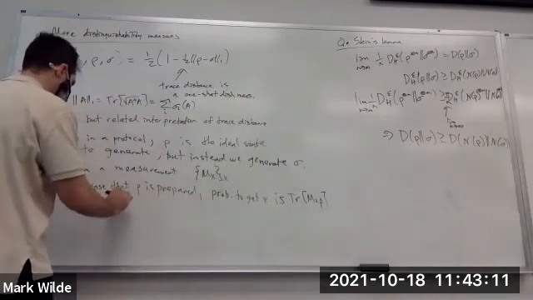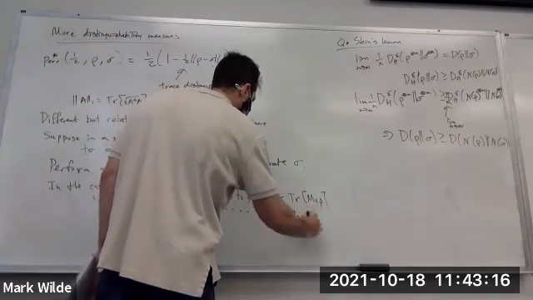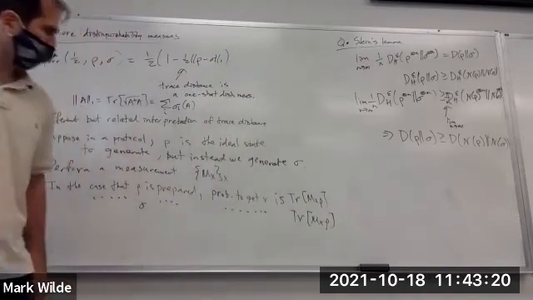And then similarly, in the case that sigma is prepared, this is your outcome probability, trace of mx sigma.